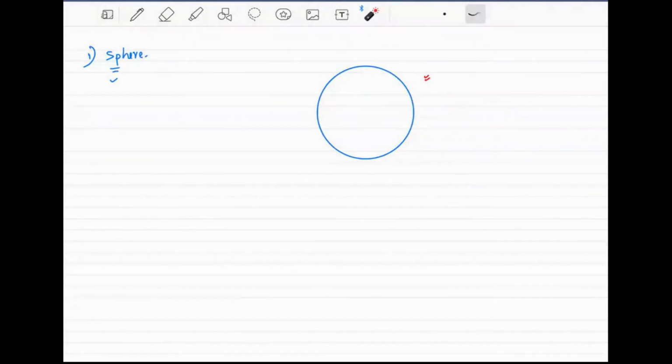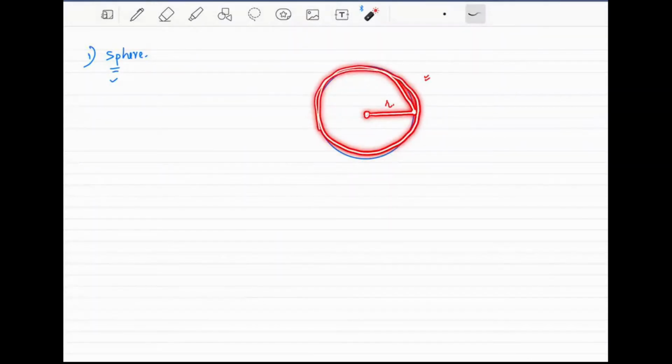Whatever concerns sphere and whatever concerns circle, the most important parameter you need to know is the radius itself. The radius was important in terms of circle, and the radius is important in terms of sphere also. The only parameter you need to be worried about is the radius. Radius is the distance from center to the surface of the sphere.